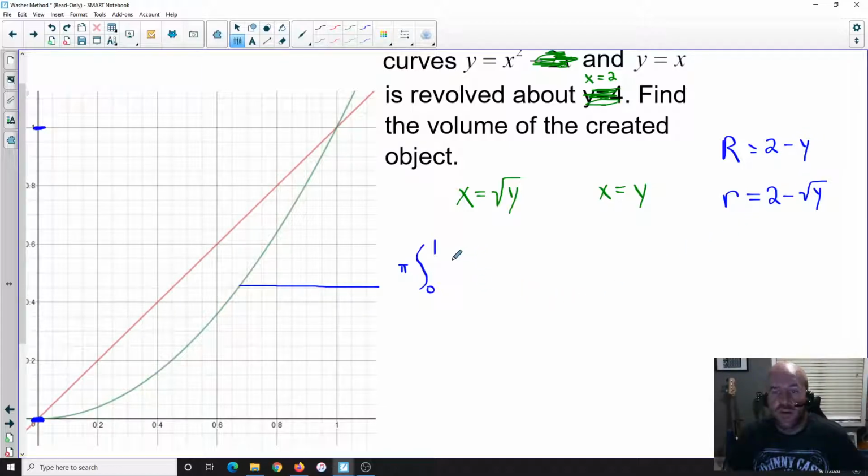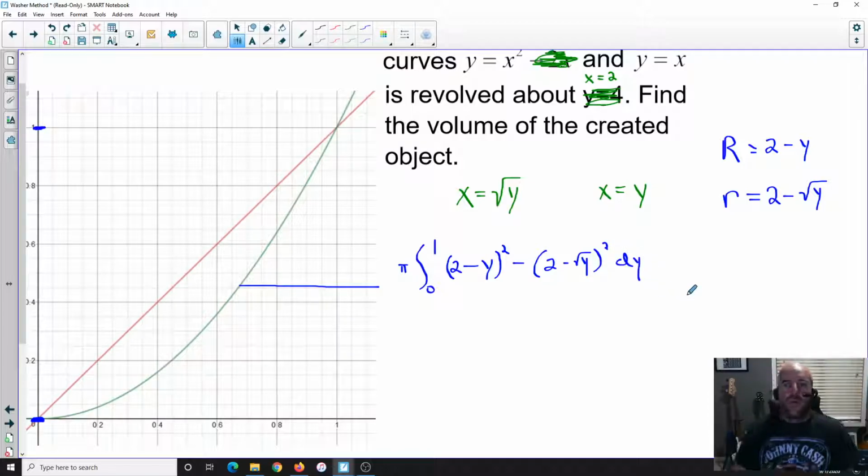And then setting up the integral, big R squared minus our little r squared. So there's the setup for the integral.